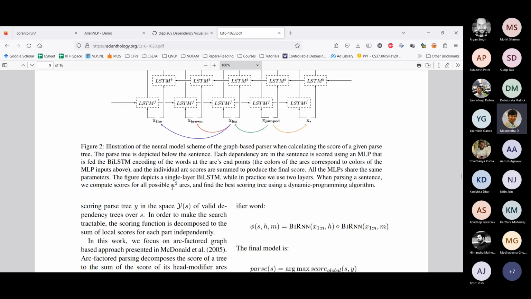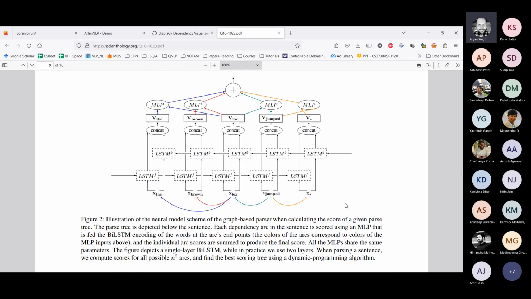Right. So they are constructing the tree. They are not assuming that we start with a tree, edges are given, and then find a score. They are checking the possibilities for all n square arcs, and the best scoring tree they are finding using dynamic programming. So the total number of possible trees will actually be large, like (2n)! divided by n! (n+1)!. Okay. Got it.